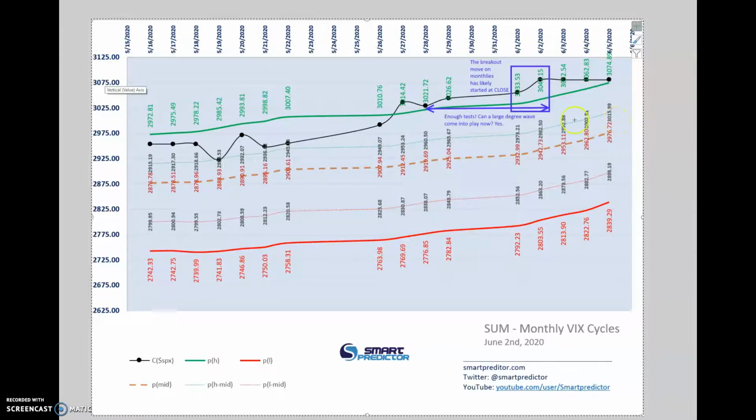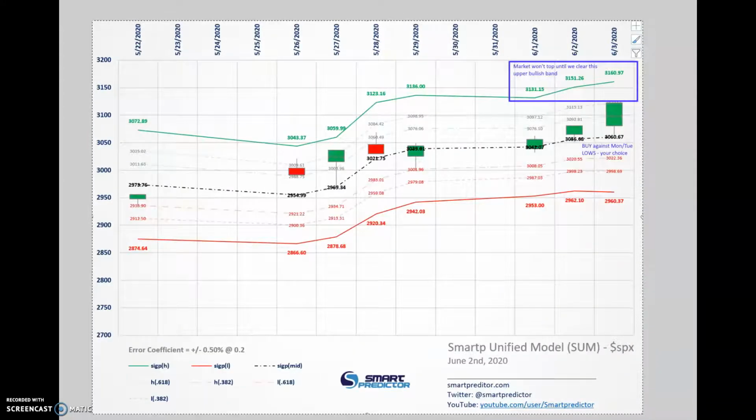So we're yet to see that in enough tests. Can a large degree wave come into play now? Yes. And just looking at this takeoff visually, the breakout move on monthlies could have started today at close. Sorry, I have to rush. I have roughly 4 more minutes remaining.